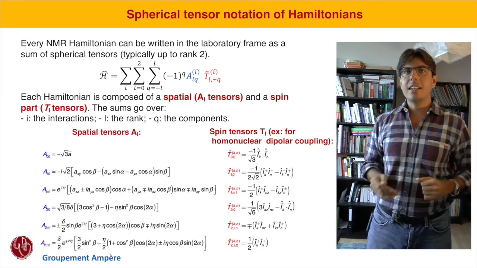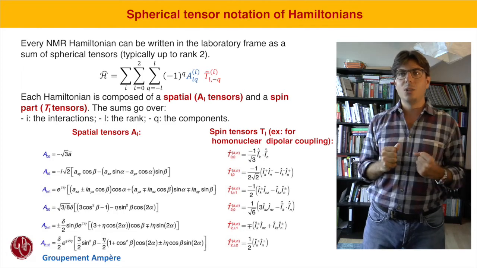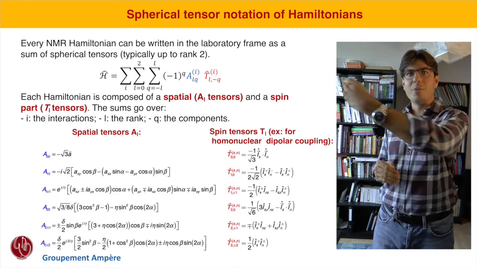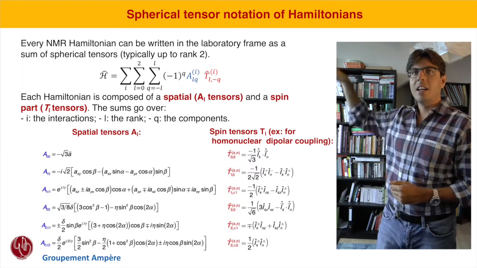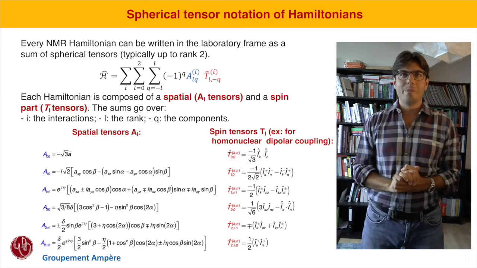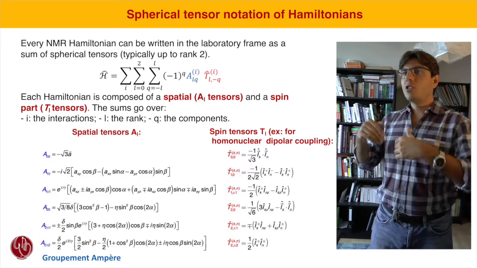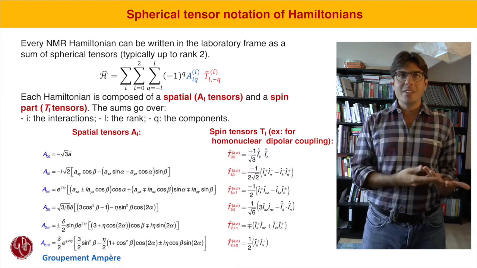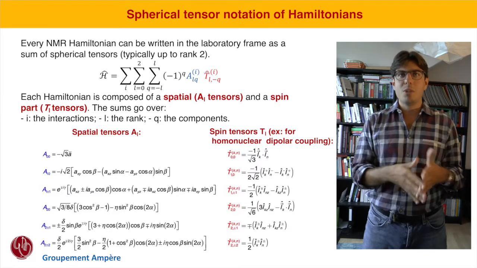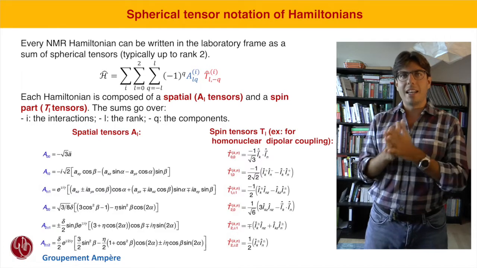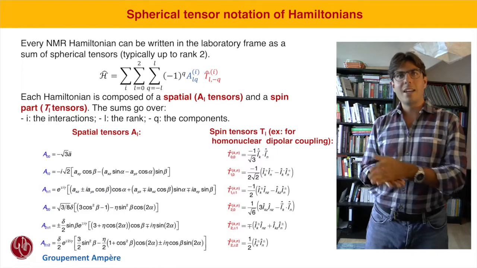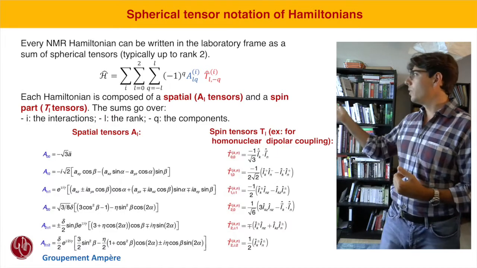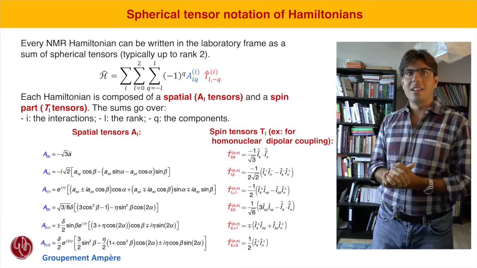And we said in NMR, we mostly encounter interactions that go up to rank 2, and this is why our sum over the L's goes up to rank 2. And then the last sum is a sum over all components of the subtensors. We said each tensor of rank L has 2L plus 1 components. How they are chosen, they go from minus L to L, and that's why our q here goes from minus L to L.